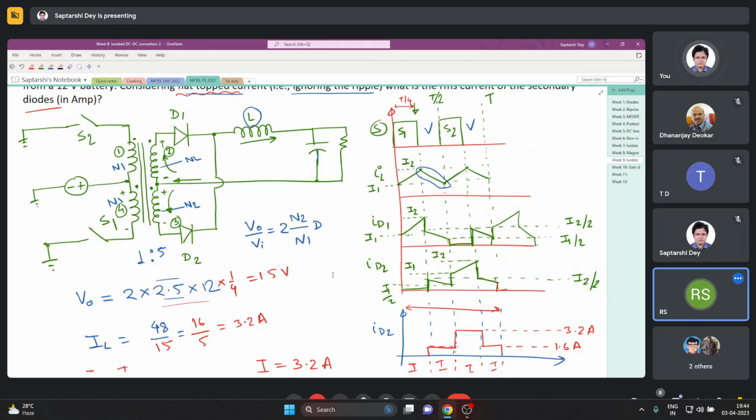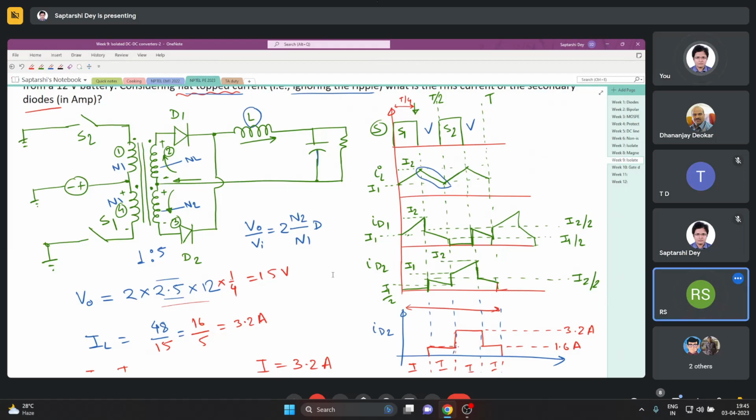If I talk about an ideal transformer, the flux in the core is anyway zero. What happens in an ideal transformer? When there is no load, the primary draws no current from the source. When there is some load, the load draws a current and the primary also draws a current, and those two currents create equal opposite flux. So an ideal transformer has no flux flowing through the core.